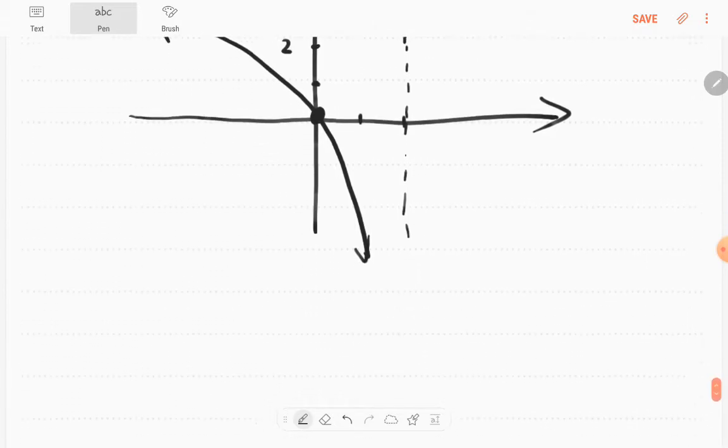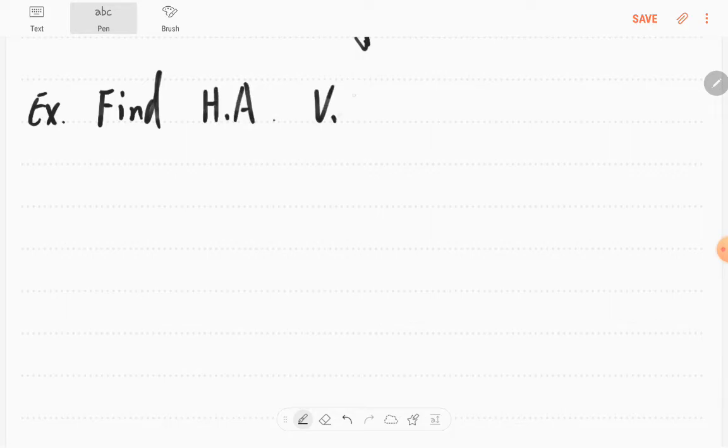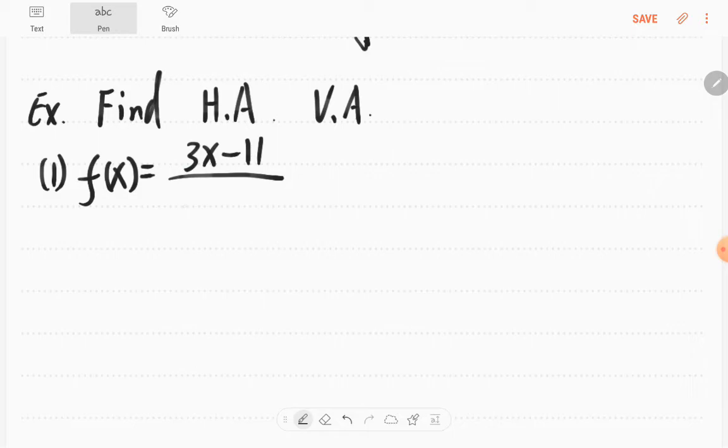Okay, so now let's look at another example. We want to find the horizontal asymptote and the vertical asymptote. The first problem is f of x equals 3x minus 11 over x squared plus 3x minus 4.